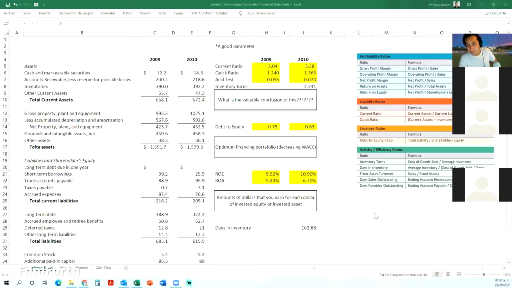I did it different from the formula. Let me try to show you my way. I think it's easier. So you got your average inventory. And why do you do it with the average inventory, guys? It's mainly because what if you have this inventory and then in the next year you have this one?